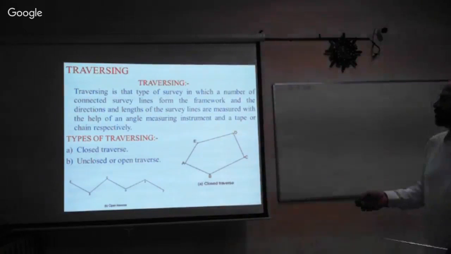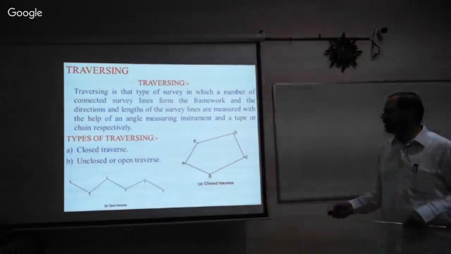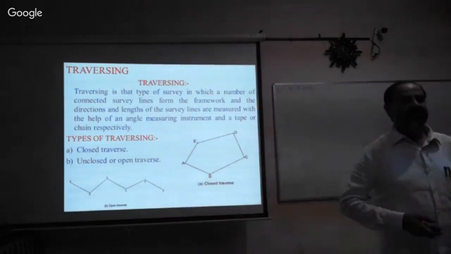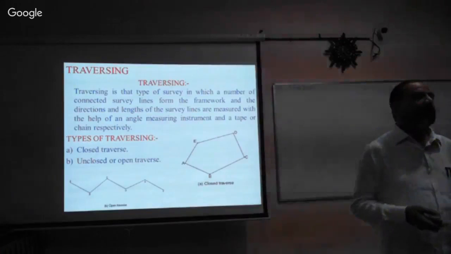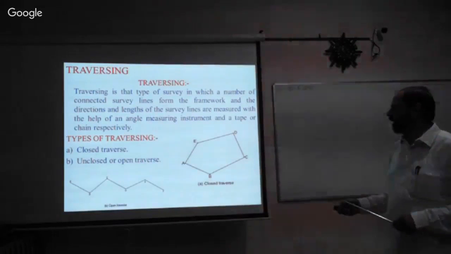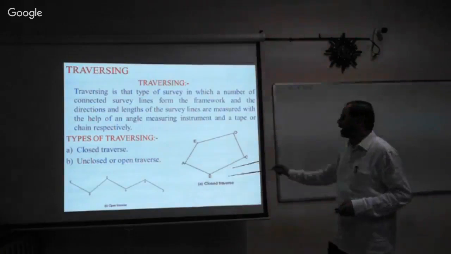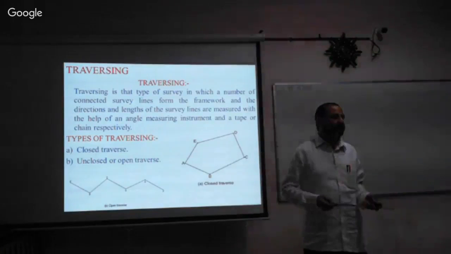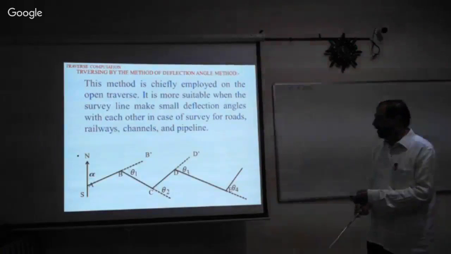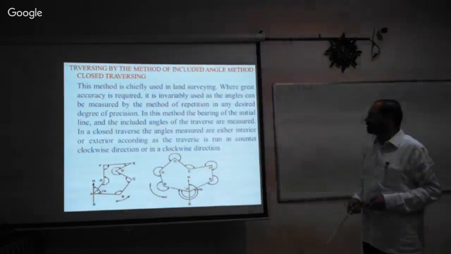Now, closed traverse and open traverse. Open traverse is mainly applied in running survey lines, in laying roads, railway lines, canals, etc. And closed traverse is normally employed in calculating the area of land, fields, etc. This is the open traverse, and this is the closed traverse.